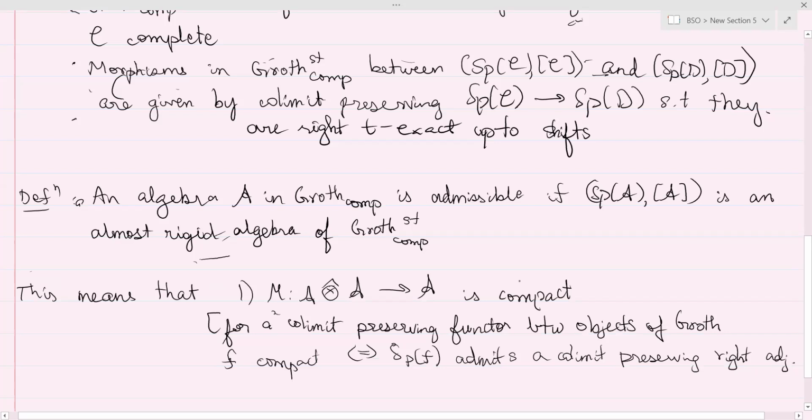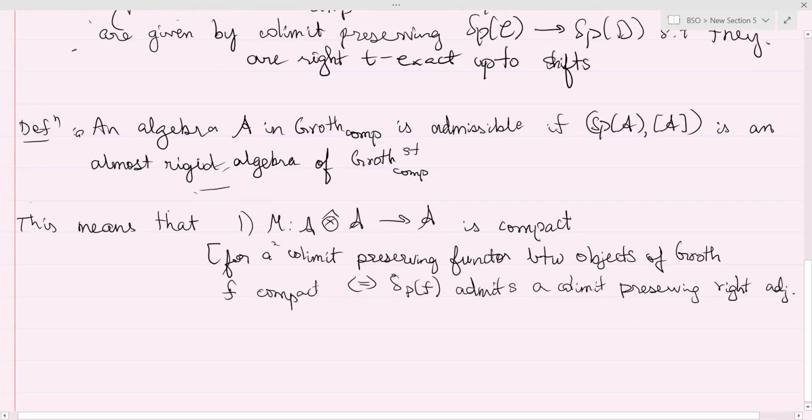So this is half of the condition that we want for a morphism in Groth-ST-Comp to be right adjointable.